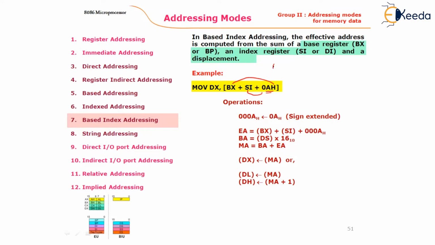Let us say the base register's contents is equal to 20. The index register's contents is equal to 40. The value which is given in the instruction is 60. 60 plus 40 is 100. 100 plus 20 is equal to 120, which is the effective address of the main memory in which the actual operand is available.